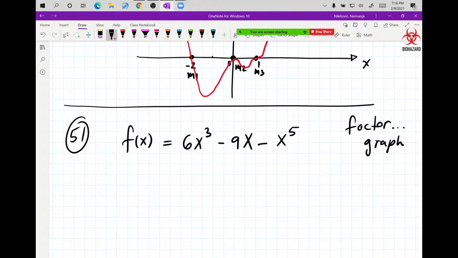All right, let's take a look at some elementary algebra, which is factoring. So we put the polynomial in descending order. That is rule number 1.